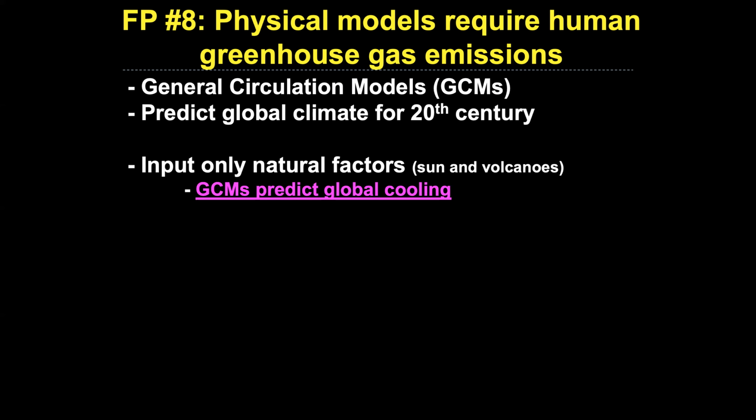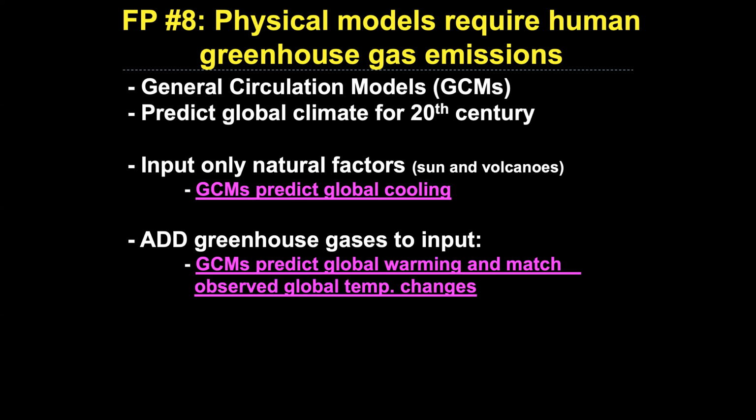Again, this is if you take humans out of the equation and you only account for the sun and volcanoes, GCMs predict global cooling. If you add in greenhouse gases to the input, GCMs predict that global warming would match what we've actually seen since the 20th century.